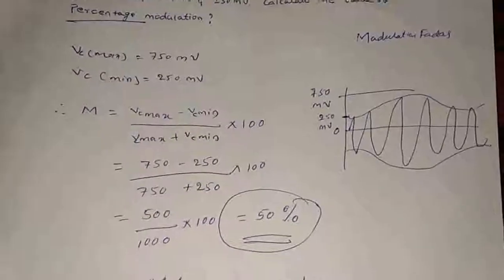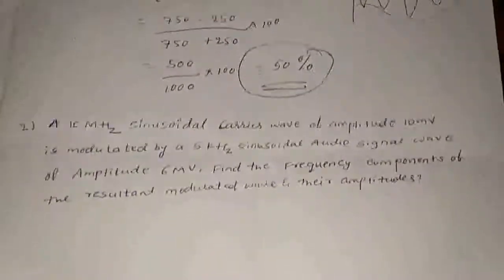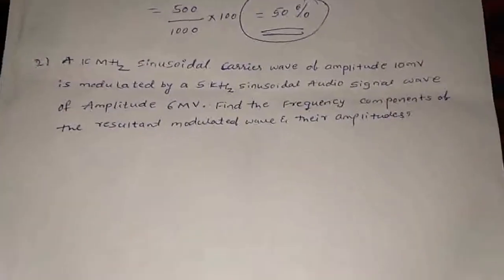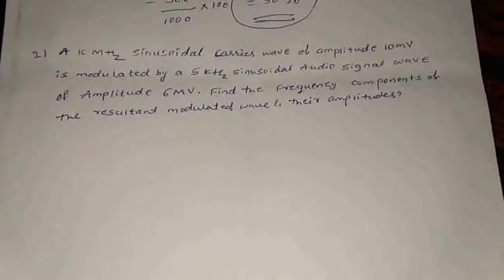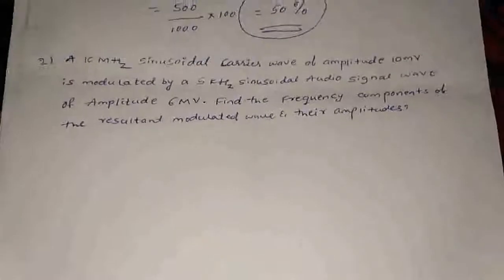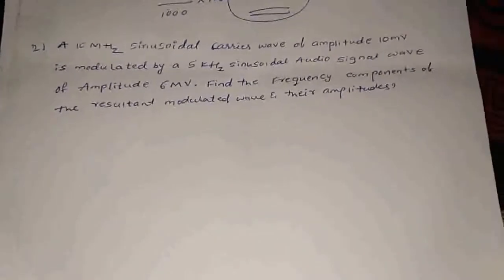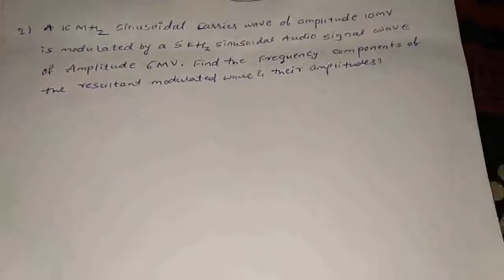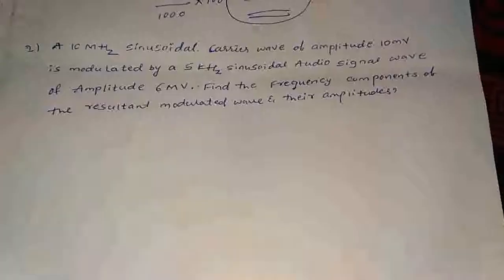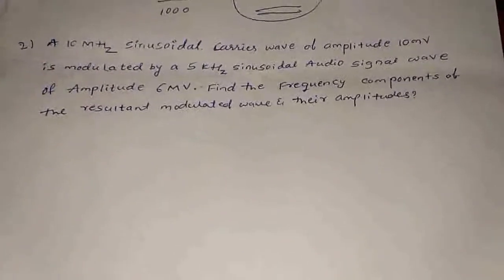Now the second one: a 10 megahertz sinusoidal carrier wave of amplitude 10 millivolt is modulated by a 5 kilohertz sinusoidal audio signal wave of amplitude 6 millivolt.